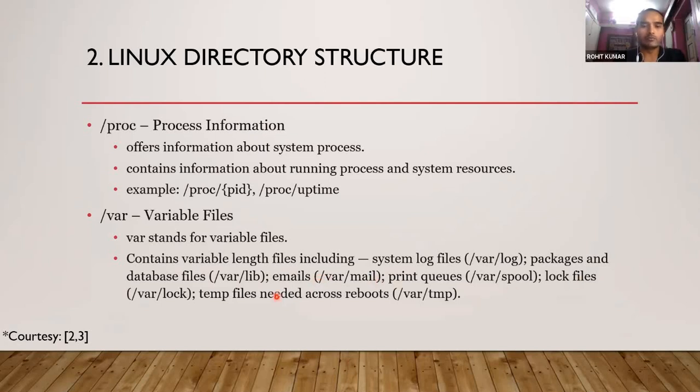Then locking: you might have locks for different files while other processes wait, so you are acquiring and releasing locks very frequently. So the data related to lock files changes very frequently, and that's why their size changes. That's why the name variable. Variable files hold data that changes very frequently over a period of time.